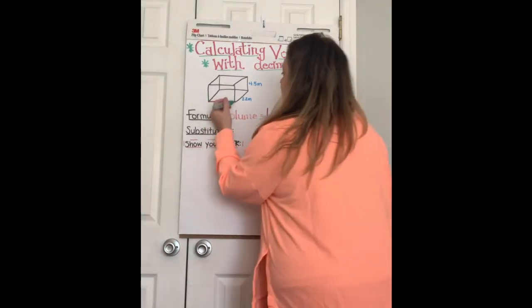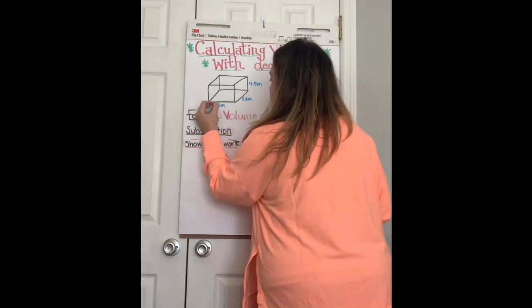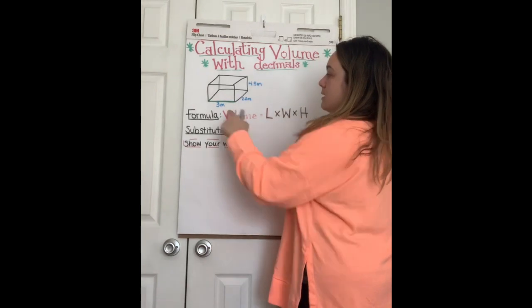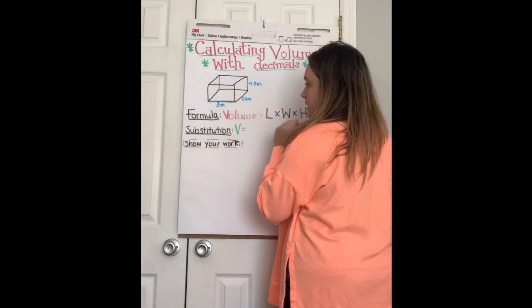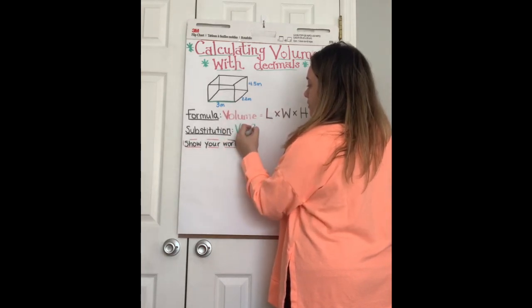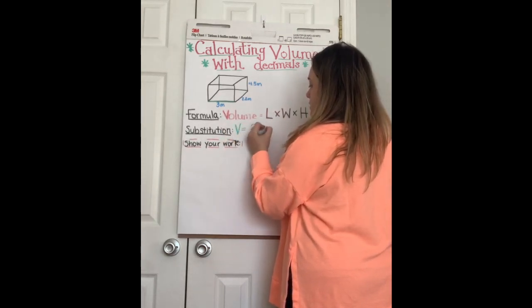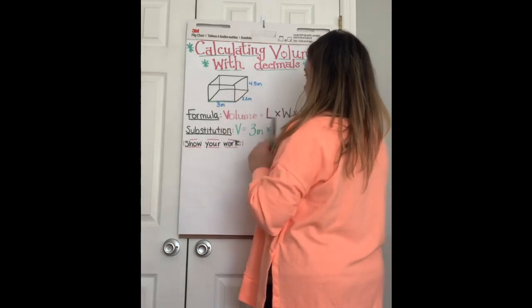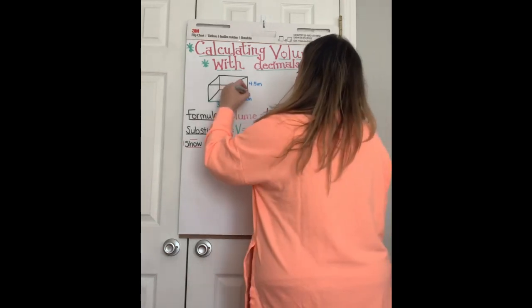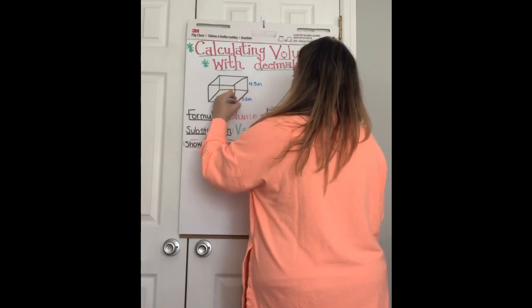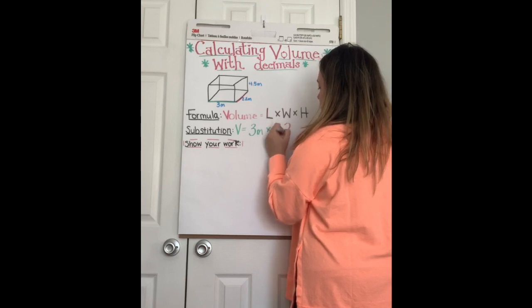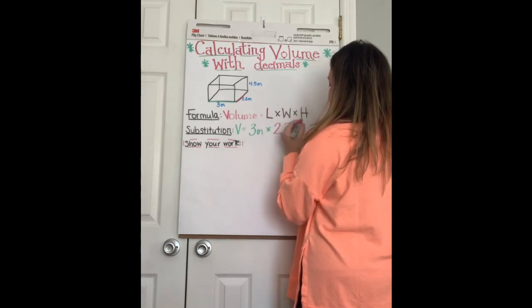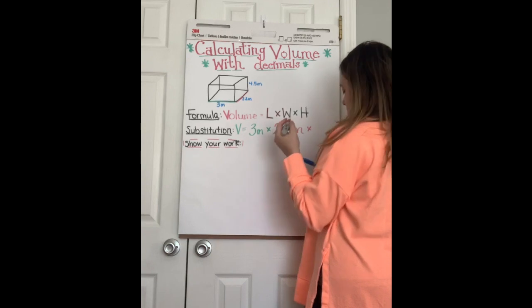We know that the 3 meters that I just highlighted in green is the length. So I'm going to start off with V for volume equals, I'm going to substitute length for 3 meters times the pink, which is the width, 2 and 2/10 meter, times our height.